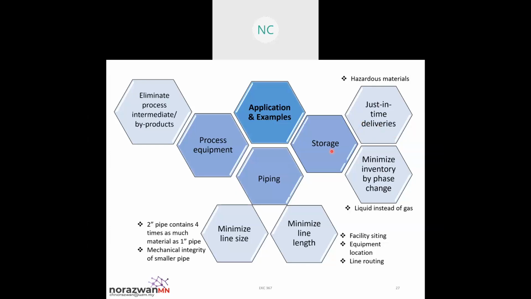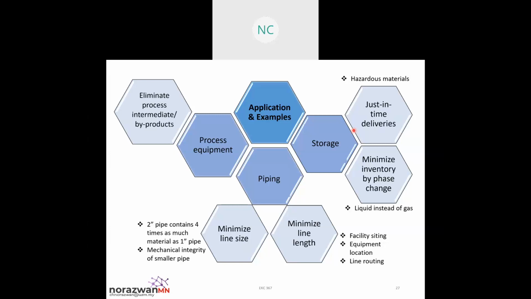So you don't have to store the material or substance for a long period of time, because the longer you retain the material inside your plant, the higher the probability of an incident occurring.